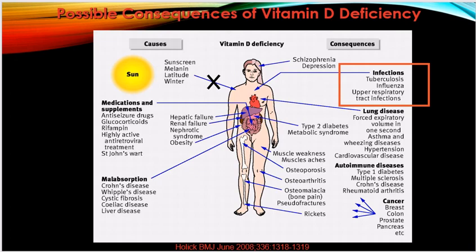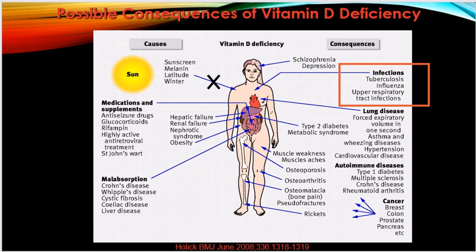These are the possible consequences of vitamin D deficiency, which are summarized in a single diagram. On the left-hand side, these are the causes of vitamin D deficiency, resulting in the consequences which are shown on the right side of the picture.